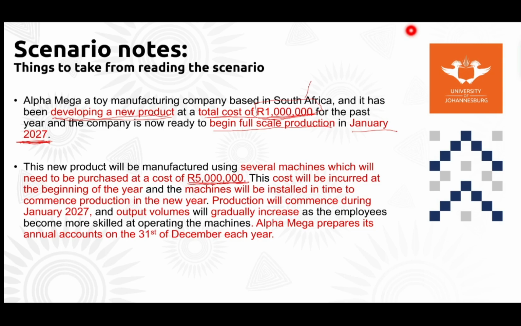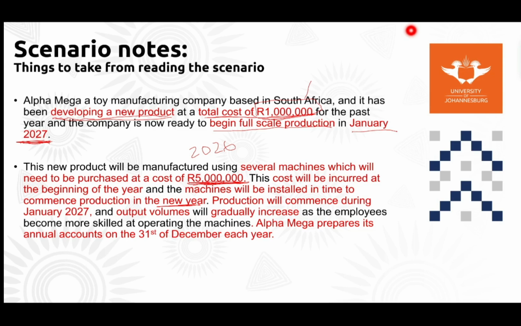Okay, so when they say production in the new year, we can assume that this 5 million is being purchased in 2026, right? Before the actual realization of the cash flows shown by starting the production in 2027, but we still had to go buy those machines in order to start the product, and those machines were bought in the year 2026. So this becomes a relevant cost because it's a cost that is needed to start the project, right?